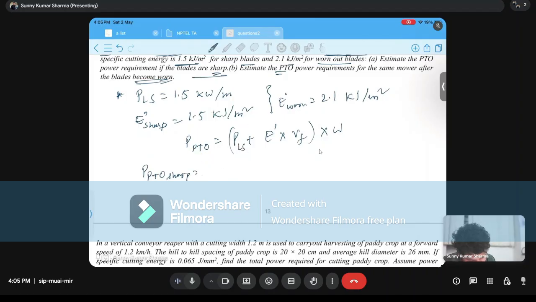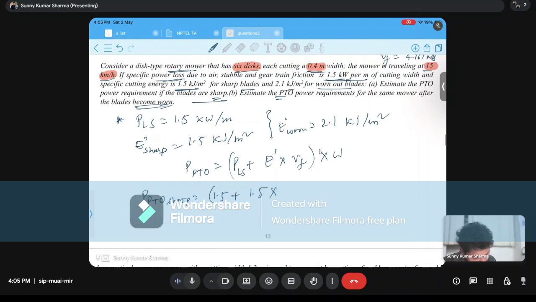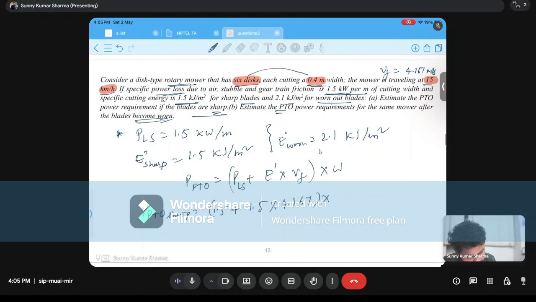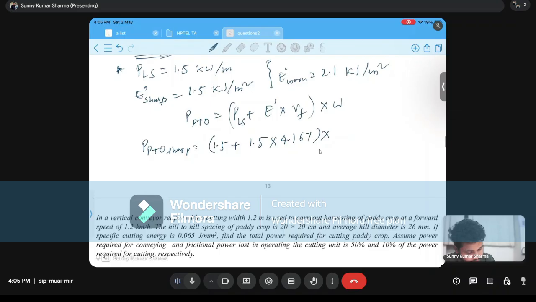So PLS is 1.5 plus, it is in kilojoule, 1.5 into VF. We have already calculated it as 4.167 into width. So width here directly, there is no overlapping given. So we will directly multiply 6 into 0.4, it is 2.4 meter. So width is 2.4 meter.